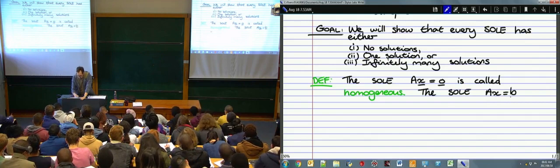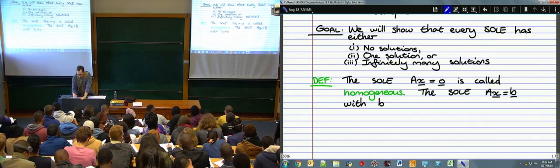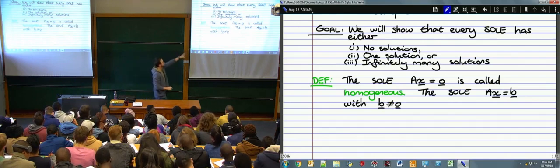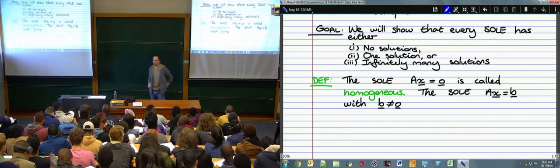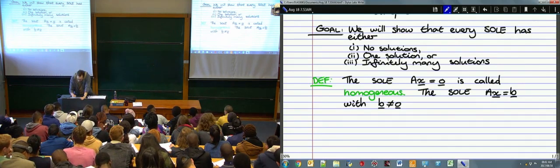AX is equal to B, with B not equal to the 0 vector. Right, so AX is equal to 0 is homogeneous, AX is equal to B, B not equal to the 0 vector, is called inhomogeneous or non-homogeneous.